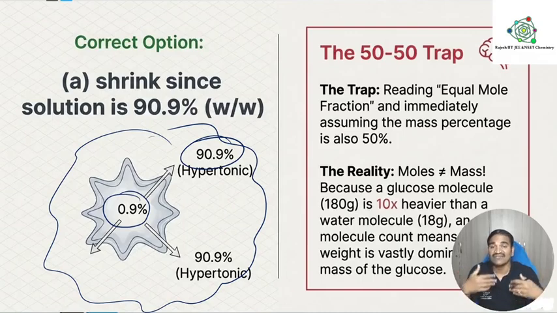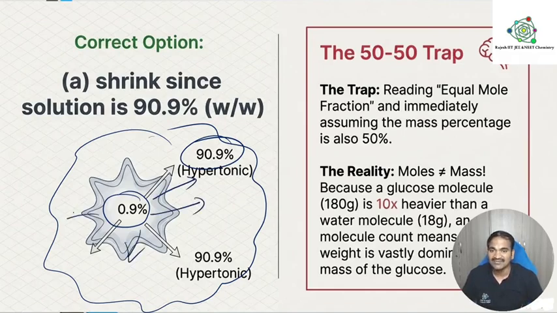The outside concentration is very high compared to the cell solution concentration. In that case, the water present in the cell will come out of the cell, because osmosis takes place from low to high concentration. The solvent moves from low to high, so the cell automatically shrinks. So the answer for this question is the first option: the cell shrinks.